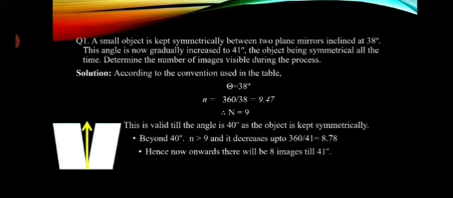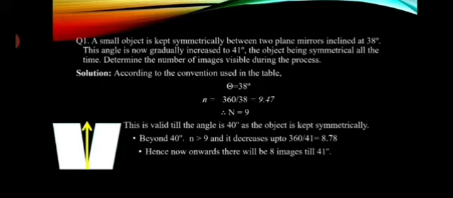Beyond 40 degrees, as 360 degrees divided by 40 gives exactly the integral value 9, the value of n decreases, going down to 8.78 for theta equal to 41 degrees.